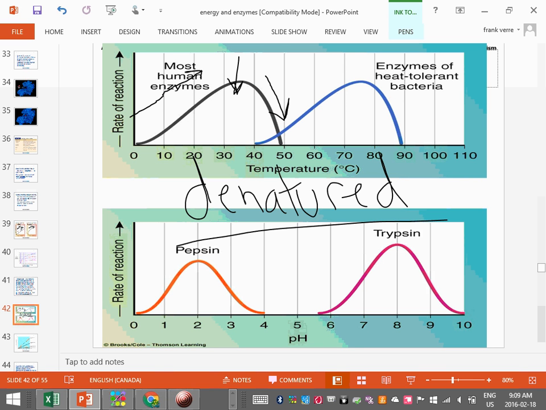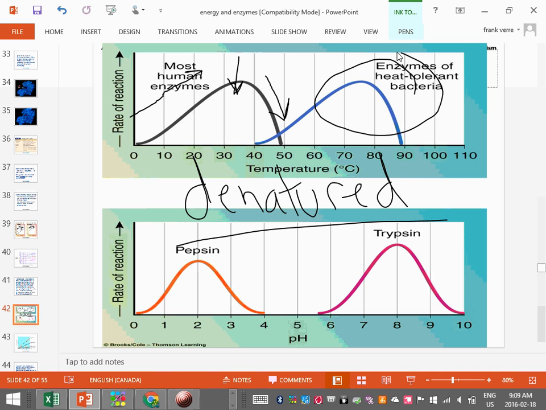Enzymes in your body have evolved to work at the optimal temperature, which perfectly matches the temperature of the human body. If you look at a different organism, like this one over here, this organism has evolved in a different environment, so its enzymes have a different optimal temperature.